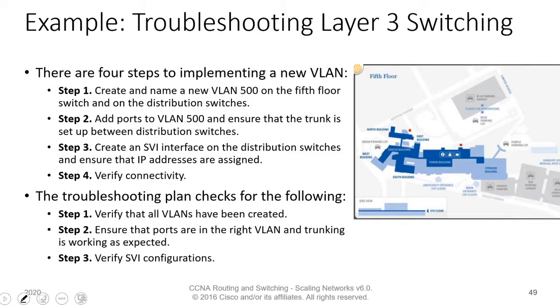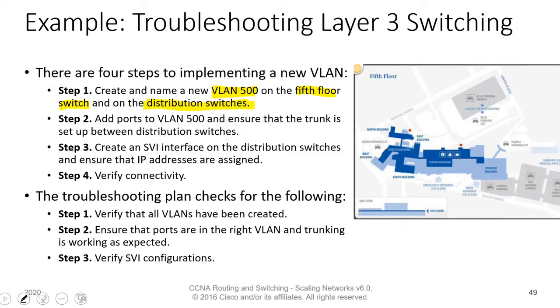If we are creating a new VLAN on the 5th floor, adding a new network or new set of devices on the 5th floor to a particular VLAN, then we would create that VLAN on that particular switch, but also create the same VLAN on the distribution switches to which this 5th floor switch is connecting. So we will create those VLANs on both of those switches, or all the sets of switches.